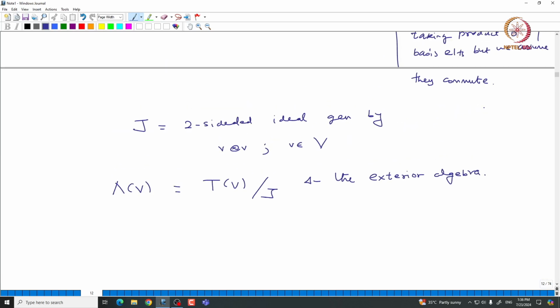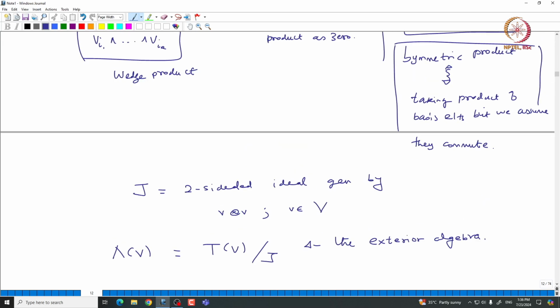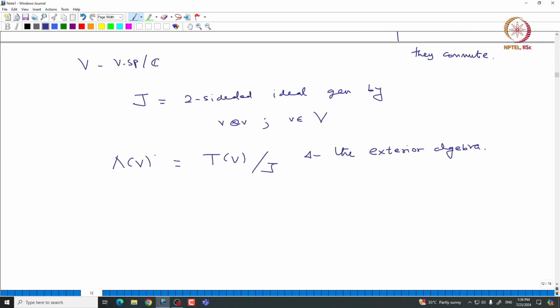Again we start with V being just a vector space. This construction is valid for any vector space over complex numbers. One can do all these things in much more generality, over a general commutative ring and so on, but we don't require that generality; we just focus on the vector space level.